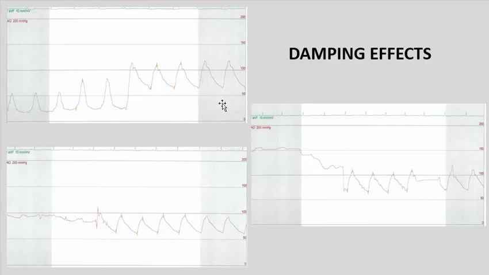More damping effects. If you start to squeeze the sides of the coronary artery by going in too far, it's called deep throating, you can have this sort of effect where the trace becomes truncated. That can happen from other reasons as well, but that is the most common. This can be another result where the trace simply is not transmitted because it's blunted completely by the squeezing of the vessel walls, or the opposite can happen where the pressure goes up and down above what the true aortic trace should be.